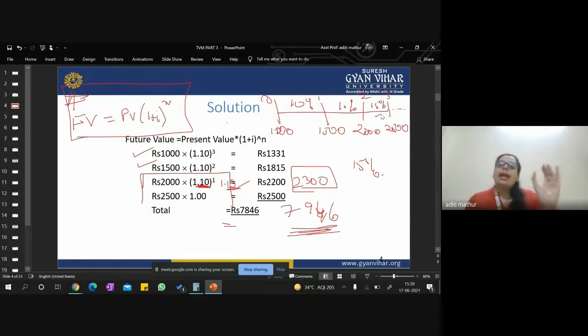That means calculate the future value of the individual investments which you are making at different levels, and then sum it up to get the final future value at the end of a certain number of years or the timeline. So that's it for this portion, on how to calculate the future value of multiple investments.